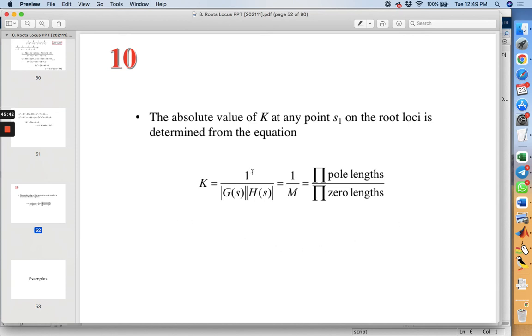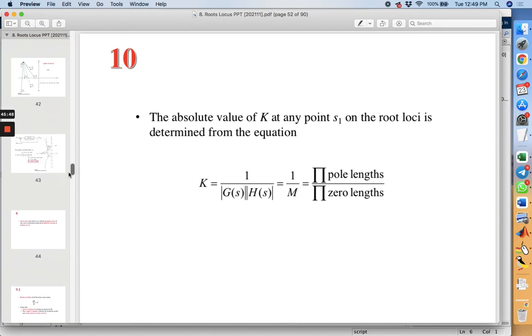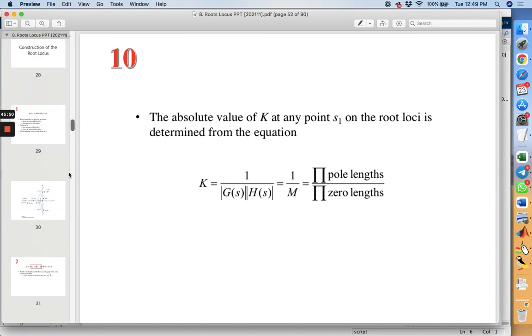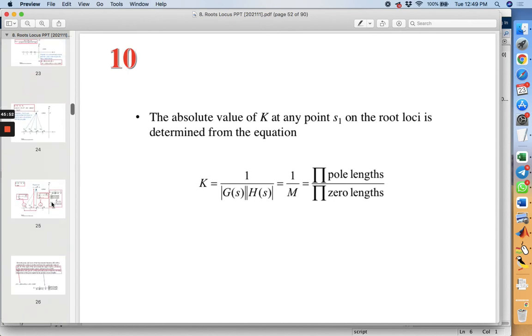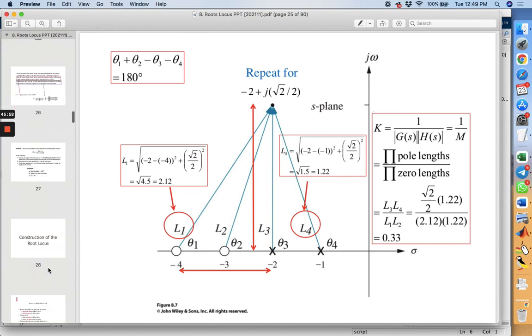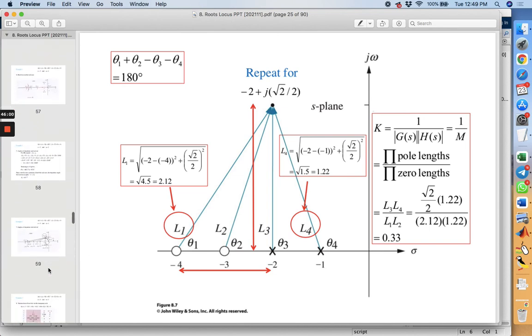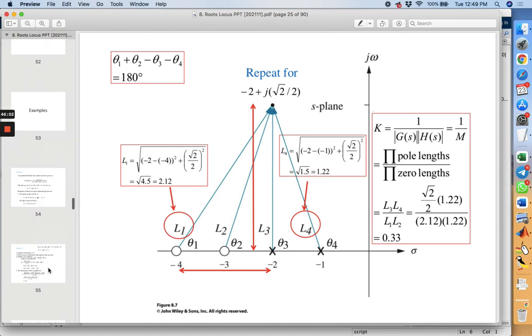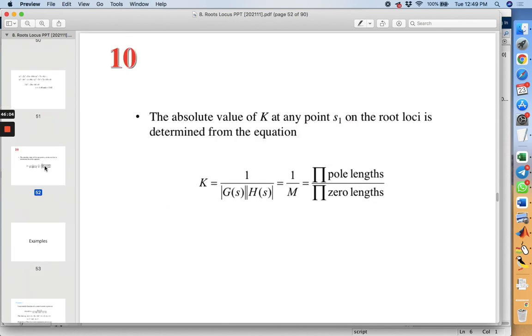We have actually done this example in the previous slides, so I need you to go back and revisit the slides with these examples. This is slide 25. So we have finished the 10 properties of how to construct the root locus.